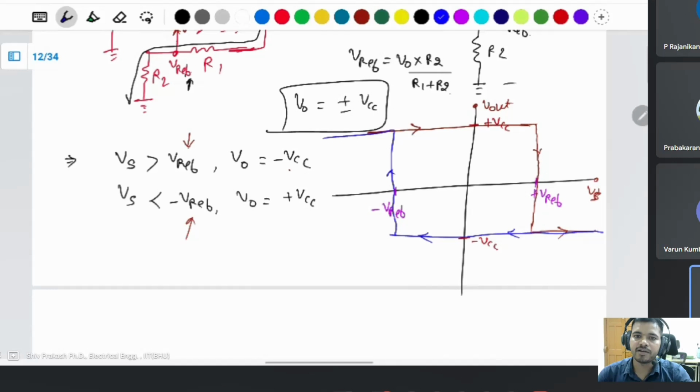This is the Schmitt trigger output voltage characteristic versus input voltage. This limit is shown as the saturation limit, plus VCC to minus VCC, and these are the knee points or reference points, plus V reference and minus V reference.